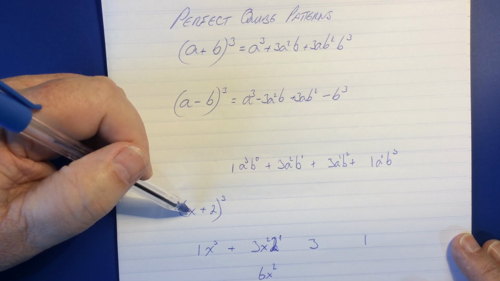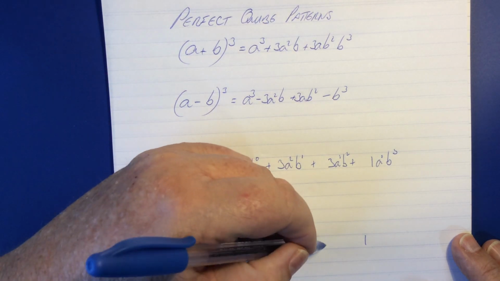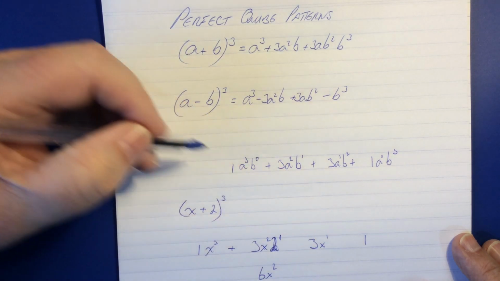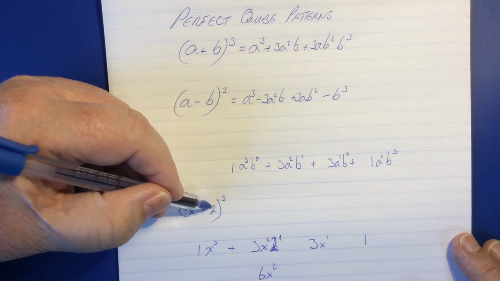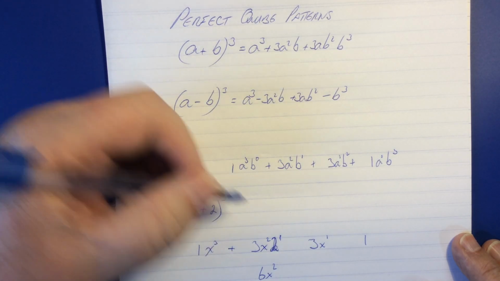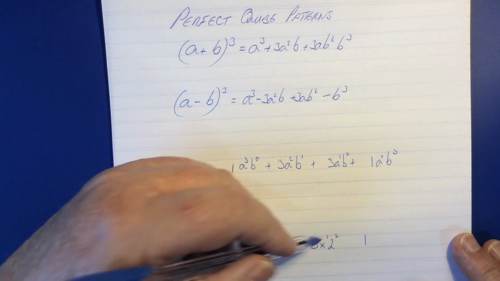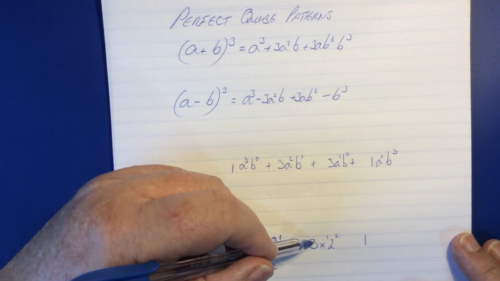Next step, which hopefully I don't foul up, 3x to the power of 1, times this thing, 2, to the power of 2. 2 to the power of 2 is 4. So we can tidy this up.